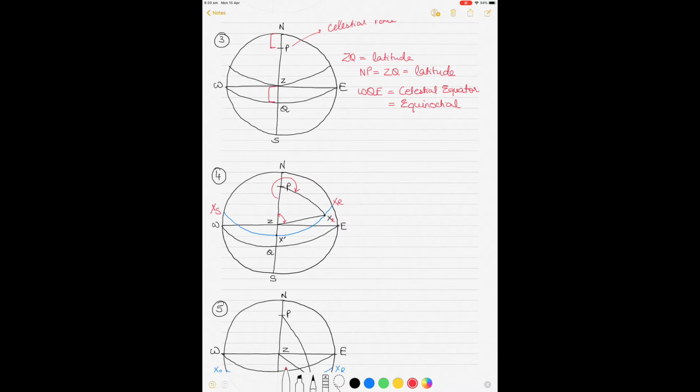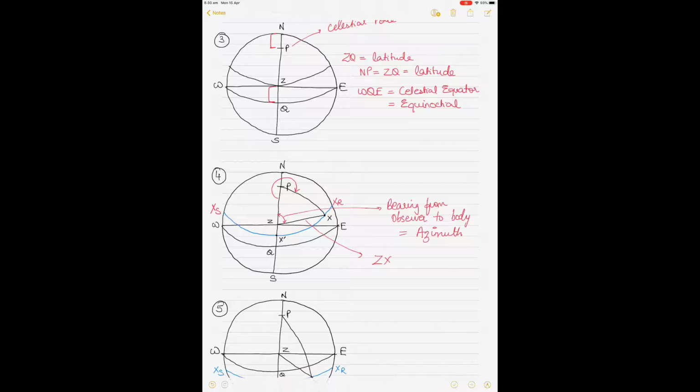Alright, now what else I can mark here is this angle, your bearing from the body. So this becomes the bearing from the observer, that is you, to the celestial body, and this is also called azimuth. And if you have been watching my previous calculation videos, you will know that I've always talked about bearing and azimuth in the same way, because that's basically the observer's bearing from the celestial body, right? Then this distance here, which is ZX, I'll take out the R because the R was rising in the east.